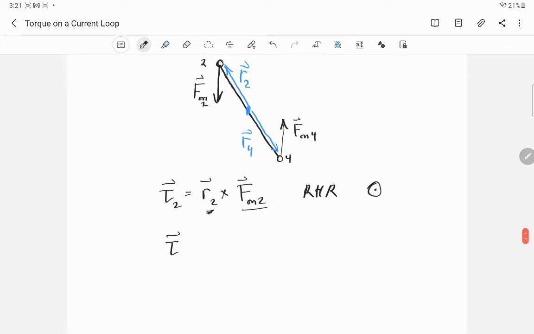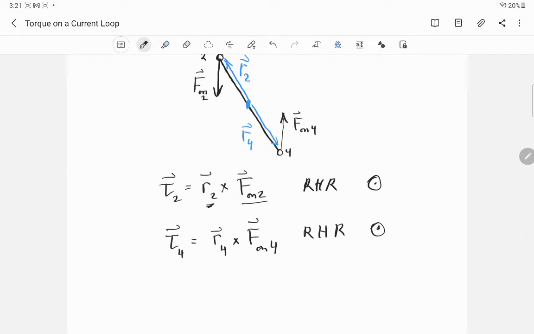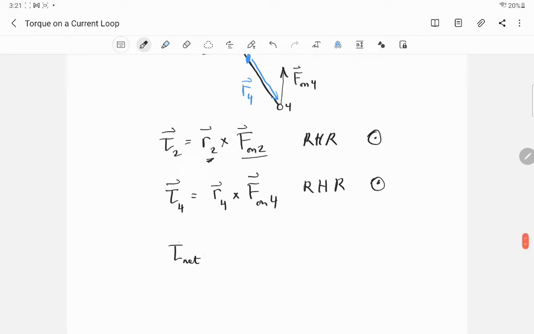The torque by force 4 is R4 cross the force on segment 4. And by the right-hand rule, you can guess, actually, because it also tends to want to twist our thing in the same direction, it's actually a torque in the same direction. So the net torque is just the torque because of force number 2 plus the torque because of force number 4. They add out of the screen.